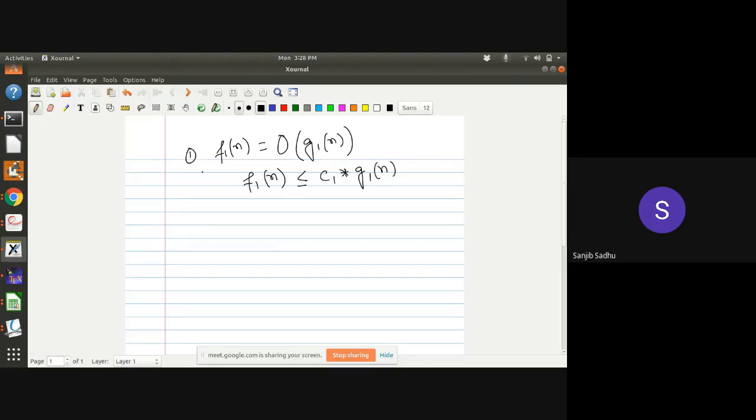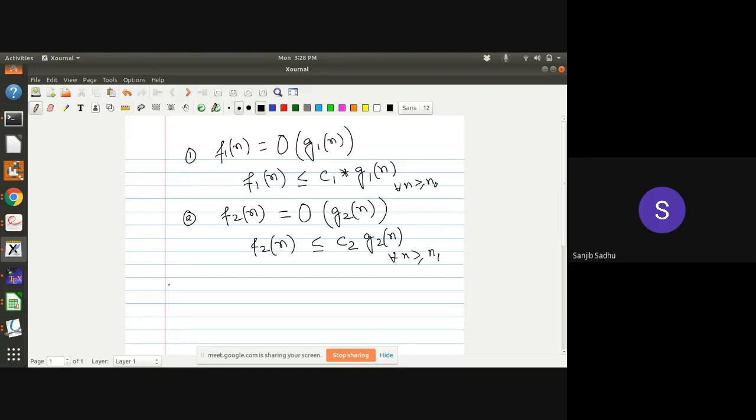Similarly, another has been given that f2n is big O of g2n. So it implies f2n is less than or equal to some constant c2 into g2n. I have not written it, but you should write for all values of n greater than or equal to n naught. Here, for all values of n greater than or equal to n1. Clear?